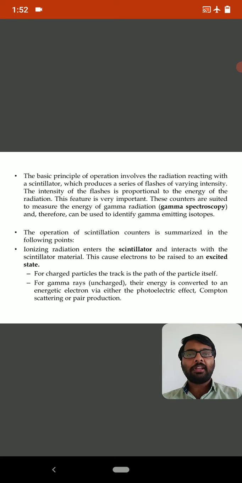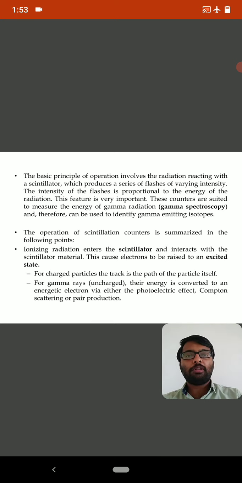This feature is very important, so that these counters are suited to measure the energy of gamma radiation. Because of this reason, we can use these scintillation detectors in gamma spectroscopy. Therefore, they can be used to identify gamma emitting isotopes. It means we can measure the energy as well as intensity of certain gamma radiation emitting isotopes. For that purpose, we can make use of this scintillation detector.